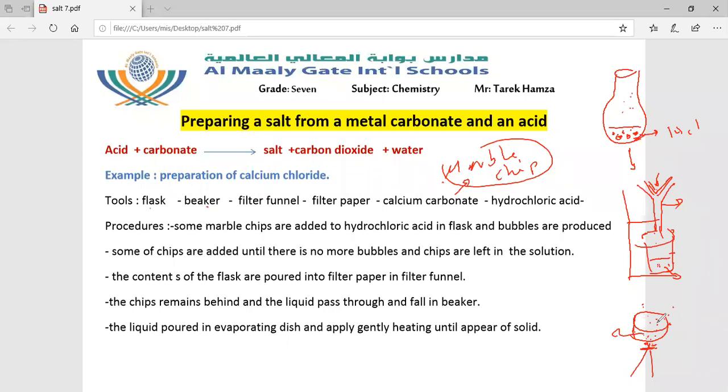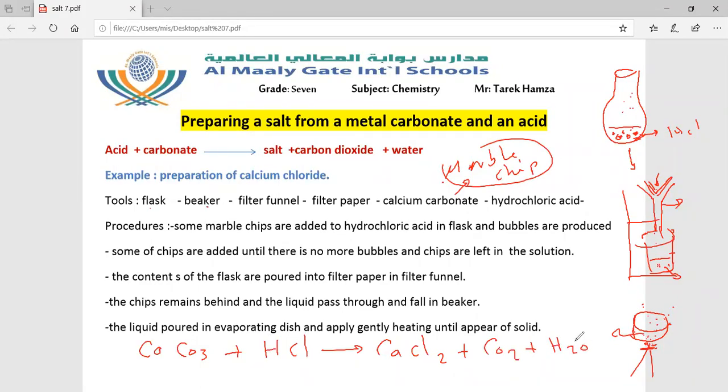Okay. By symbols? Yes, by symbols. Calcium carbonate plus hydrochloric acid gives calcium chloride plus carbon dioxide plus water.